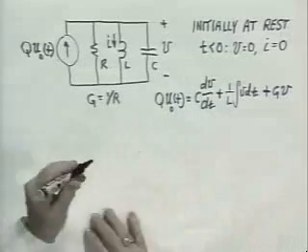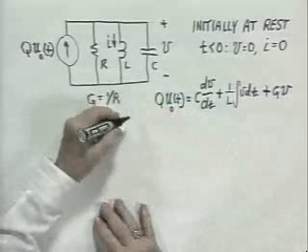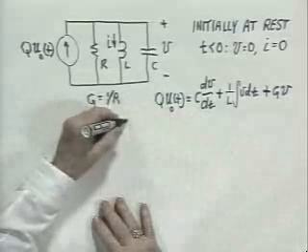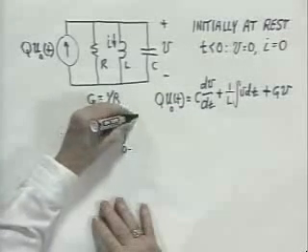To do it a little more formally, we can integrate both sides of this equation with respect to time through the origin. So on the left, we get the integral from 0 minus to 0 plus.